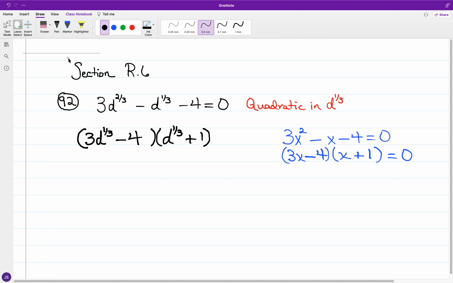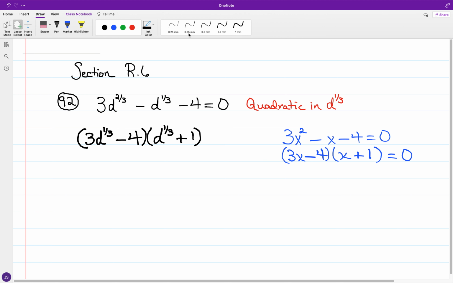And we can go back and check for consistency. 3d to the 1/3 times d to the 1/3 will be 3d to the 2/3, adding the exponents together. For the outside and inside products, we have 3d to the 1/3 and minus 4d to the 1/3, so we have a negative d to the 1/3.